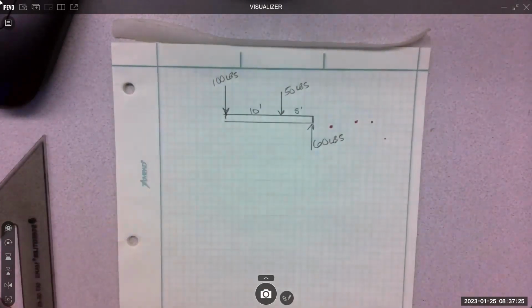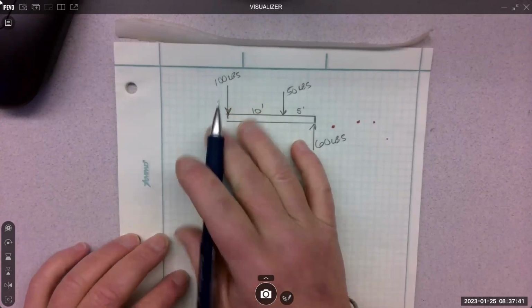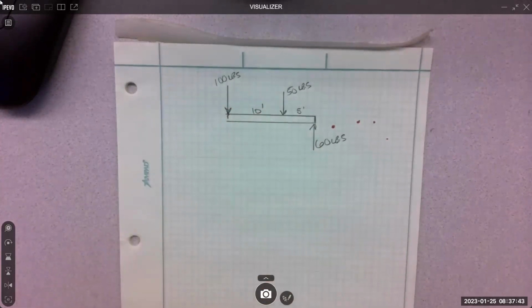So what you do need to know is how far apart the forces are and what angles they're on, right? So I just made them all vertical. That's the easiest form of understanding what's going on. The way we do this is we essentially have to collect all of the rotational effects about a spot, a point.